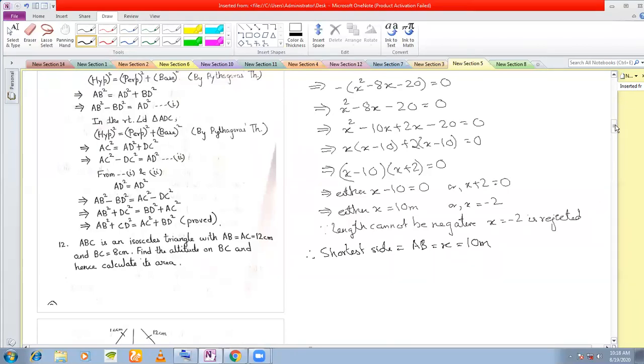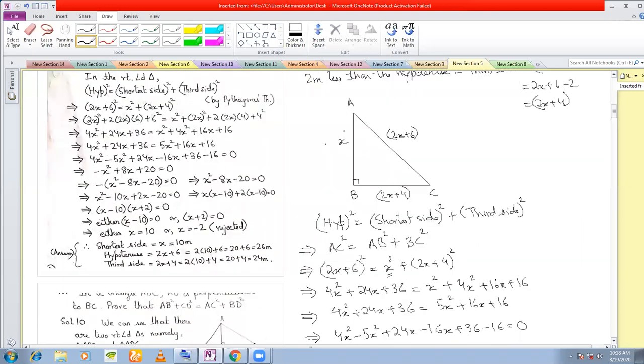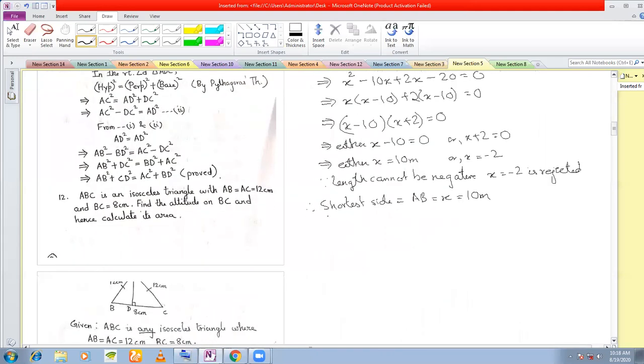What is the third side? 2x plus 4. So 2 into 10 plus 4, 20 plus 4, 24 meters.